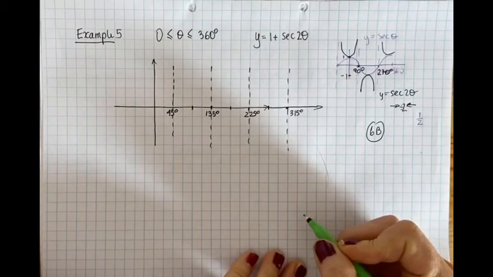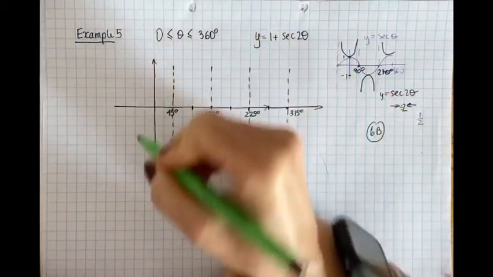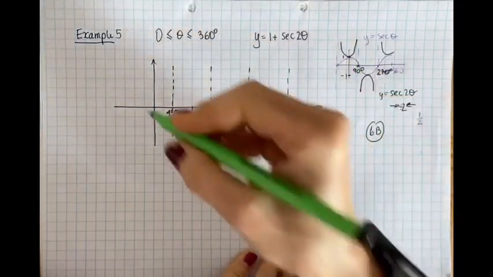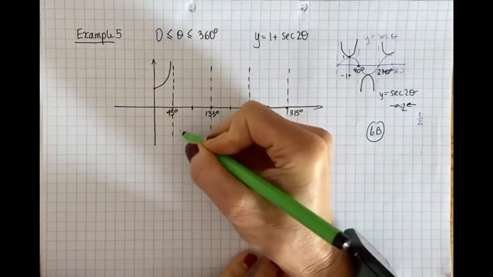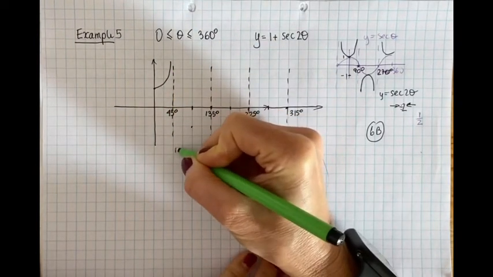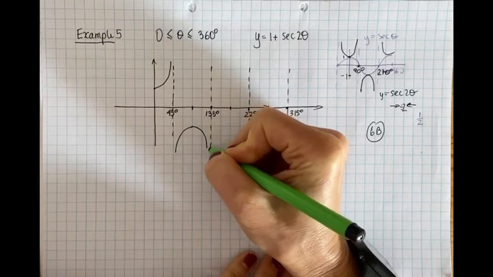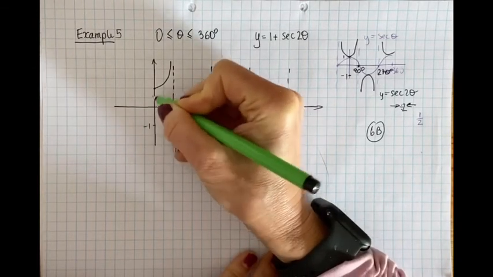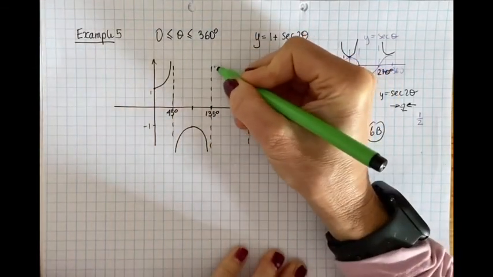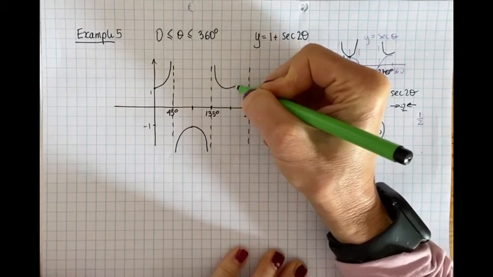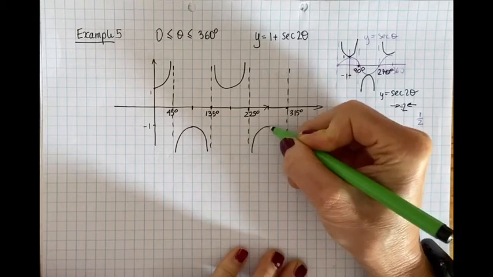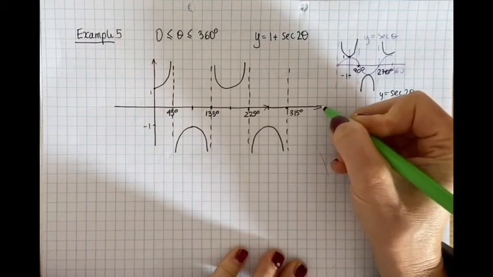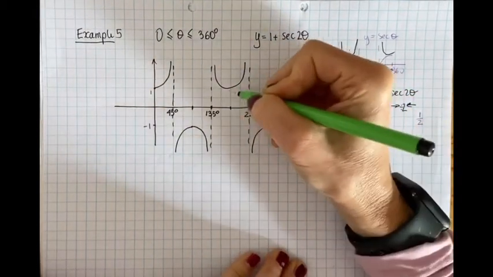Right. So you can see that these points here were happening at 1. This one will have the upside down U at minus 1 here. The y values are not affected by the scaling along the x-axis, so they will remain the y values as they are. There you go.